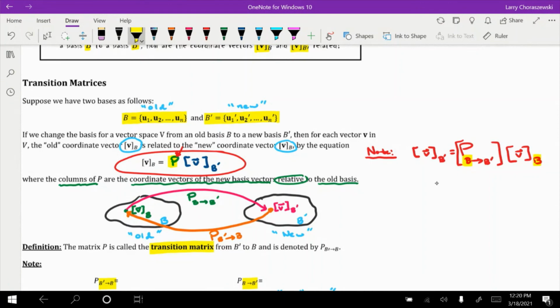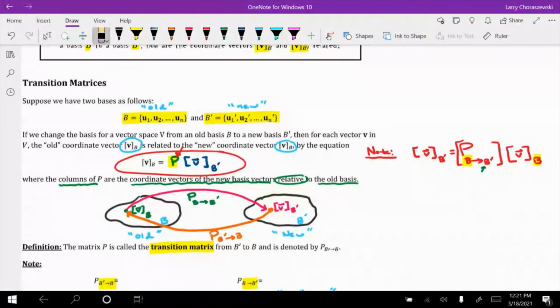So your input vectors, if you will, come from the basis B. And when you do this matrix multiplication, the vector that you get as a result lands you in the basis B prime. So this is where you end.